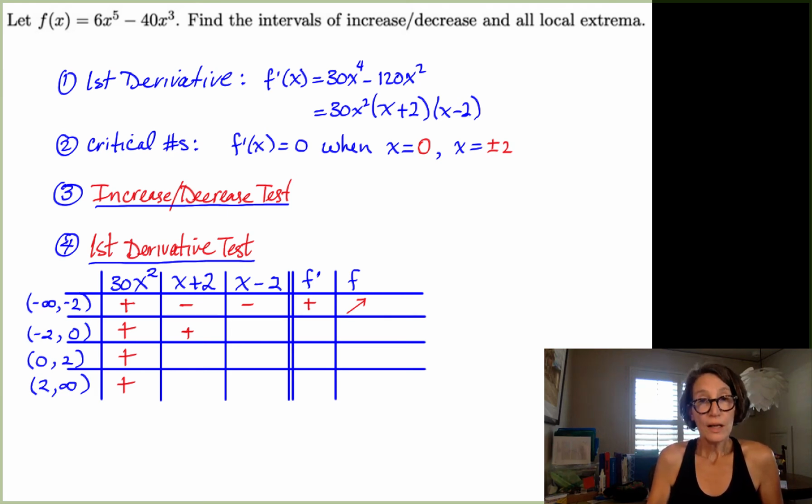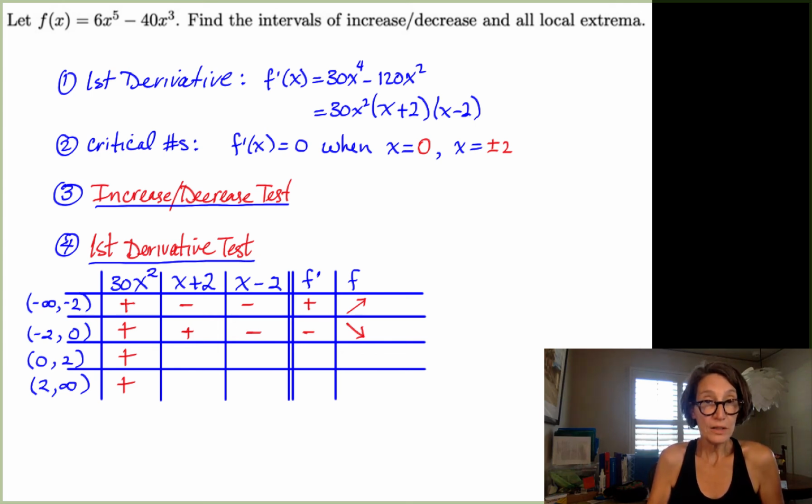And then if I plug negative 1 into x minus 2, I get a negative number, so I'll put a minus sign there because x minus 2 will be negative on that entire interval. So now I have a positive times negative, so f prime is negative on that interval, which means that f is decreasing.